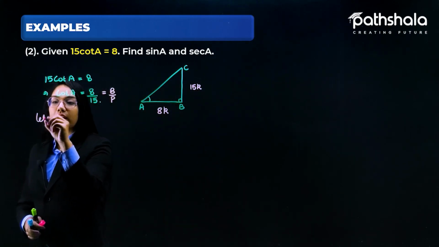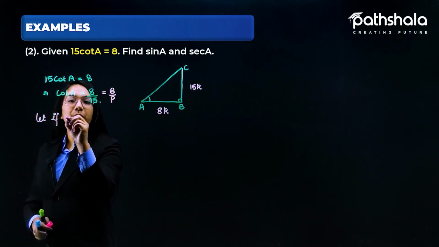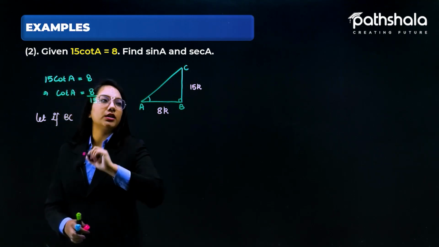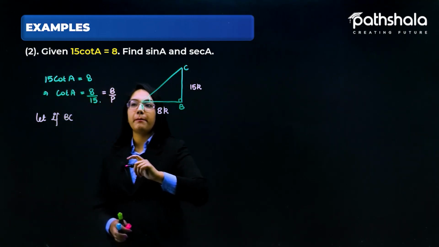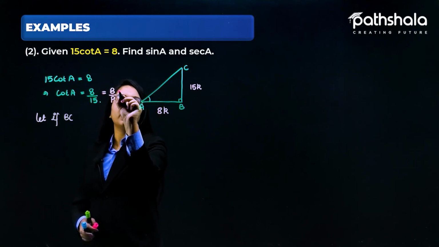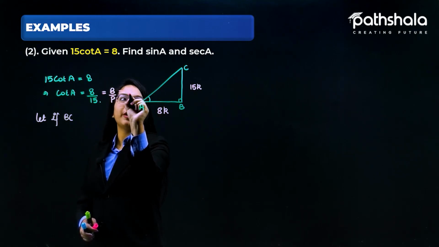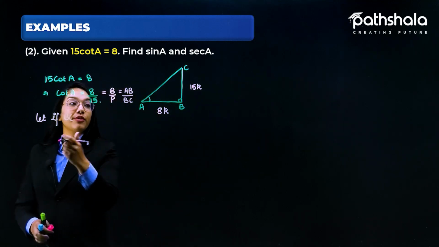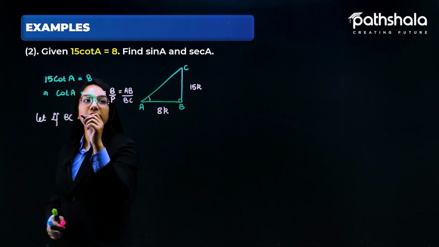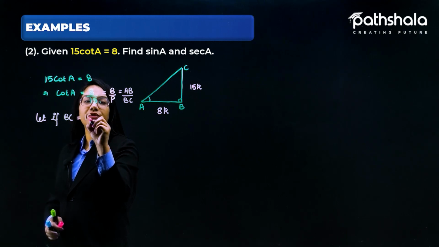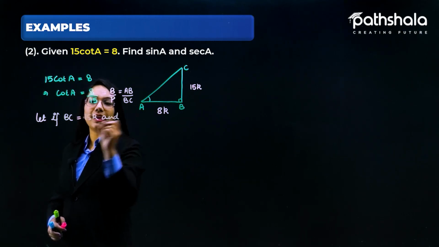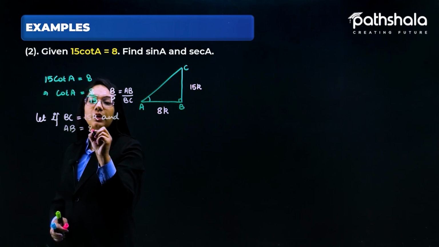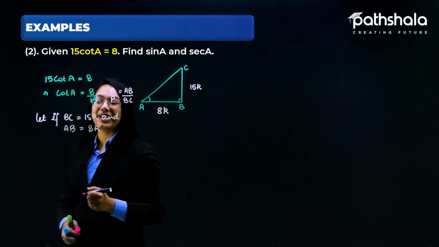Since we have the base as AB and the perpendicular as BC, let BC be equal to 15k and AB equal to 8k, since they were in the ratio 8/15.